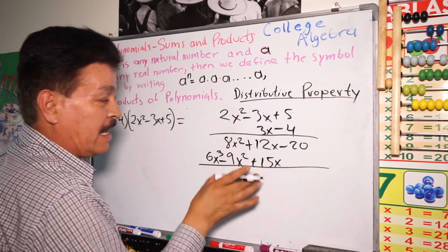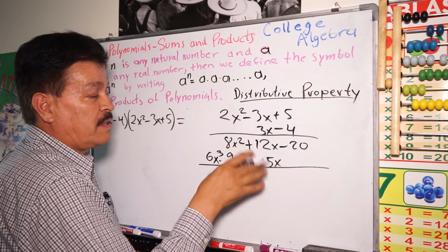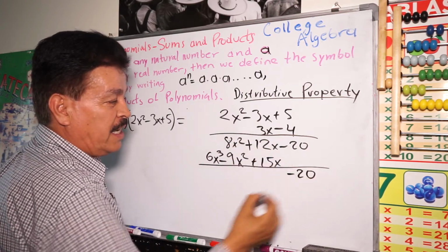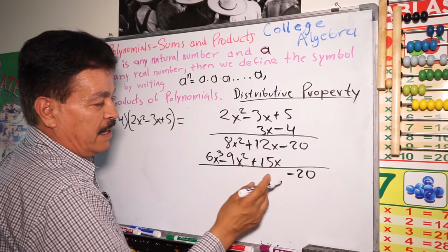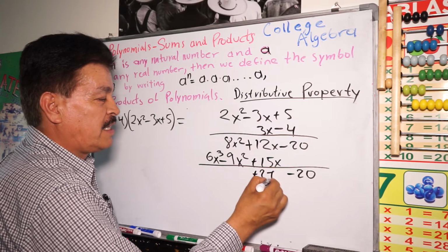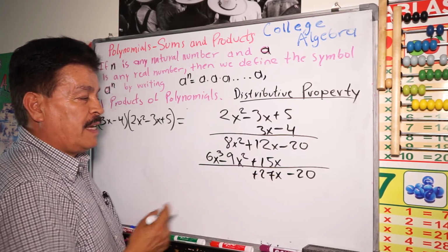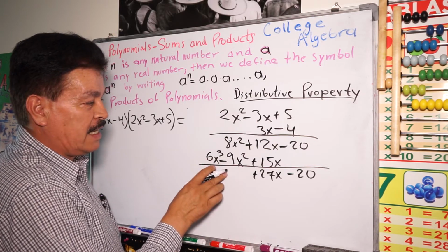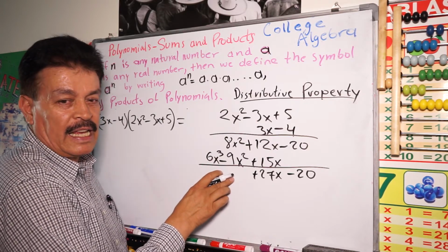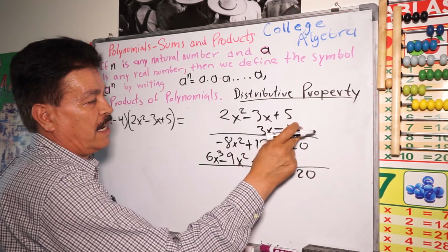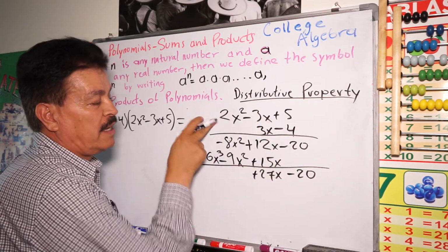You have the same terms, like terms, easier. Right here is negative 20. Here you're going to have how much? It's plus 27x. Negative 9 plus negative 8, we are going to have negative. Negative 4 times positive 2 is negative 8.